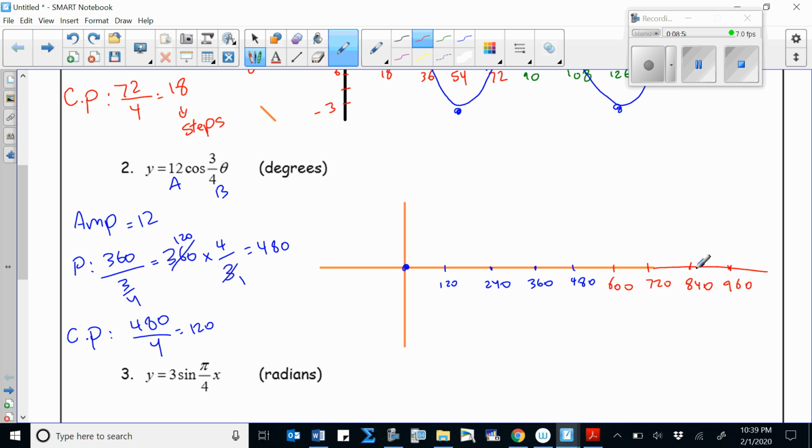So this is another cycle actually. Then we know that the amplitude is 12, so we go 12 up, let's say this is 12, and 12 down from the sinusoidal axis.